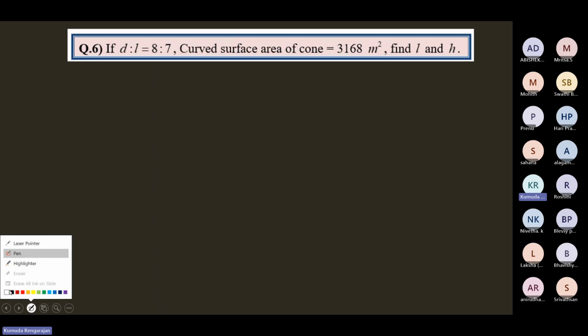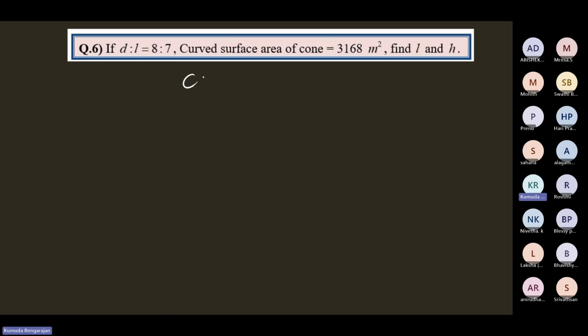So whenever you're given some value, like here you're given that CSA is 3168. The curved surface area of a cone is 3168. CSA is given by the formula pi RL is equal to 3168. Pi is 22 by 7.